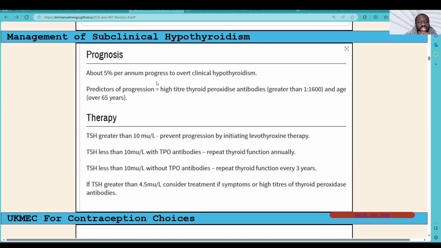So if you have high TPO, it tells you that it's more likely an autoimmune hypothyroidism, Hashimoto's thyroiditis. They're more likely to have a destructive thyroid disease going on that will push them into clinical hypothyroidism.